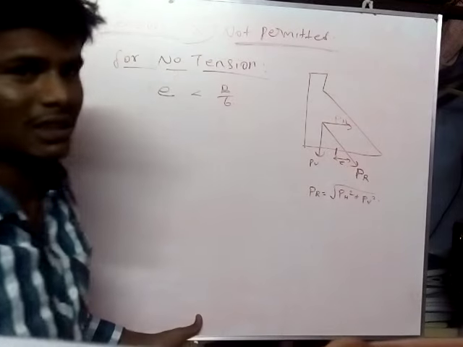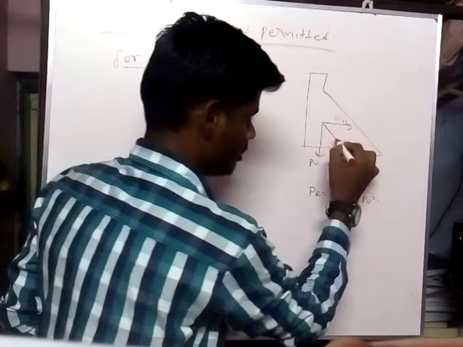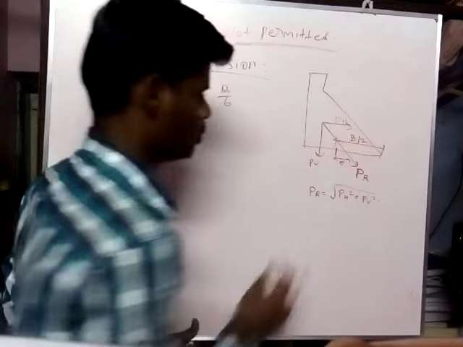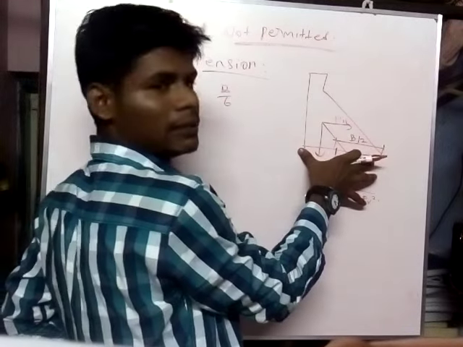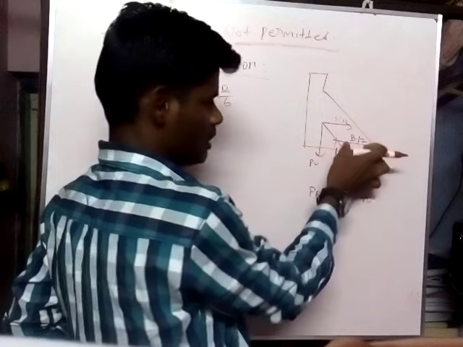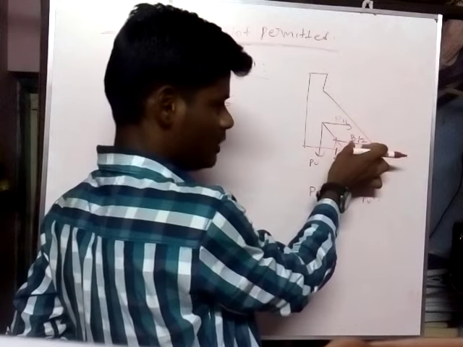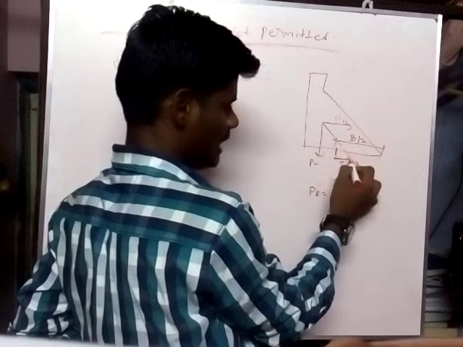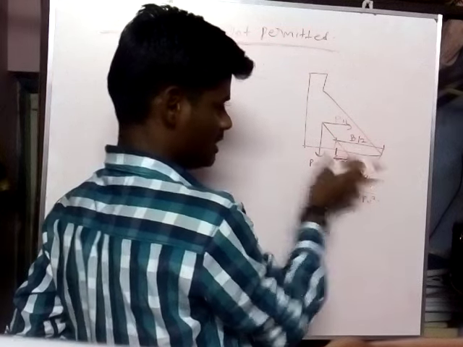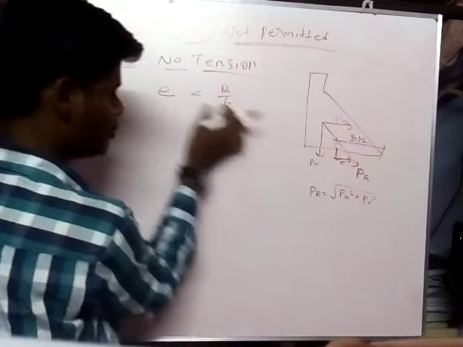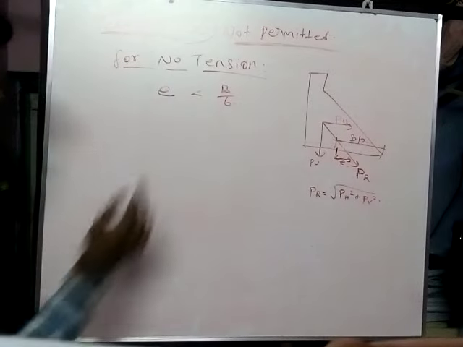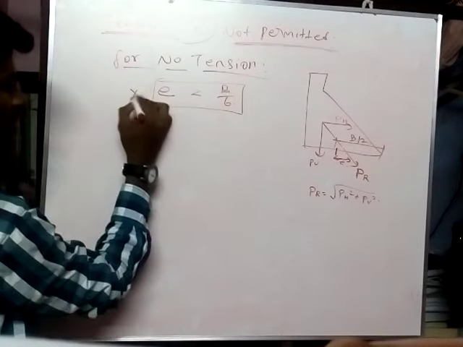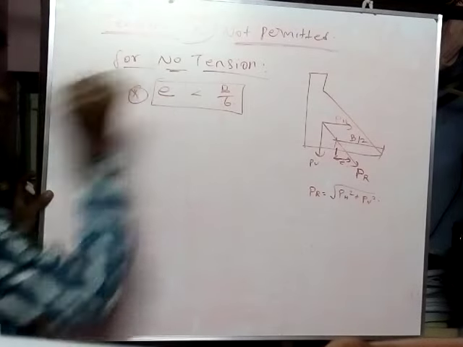This is the eccentricity. This is B, the breadth of the dam. The distance between B by 2, the half width, and the resultant force is known as eccentricity. So the eccentricity should be less than 1 by 6 of the breadth of the dam. That is a very important condition for no tension.